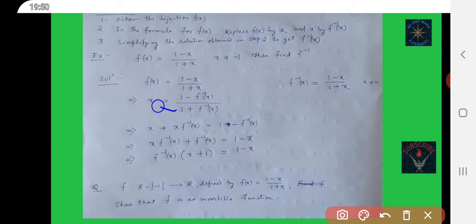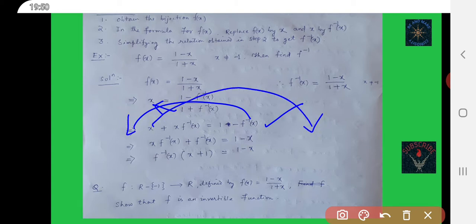You multiply this with x, then you get x plus x into f inverse x is equal to 1 minus f inverse x. Now you take this to left side and this x to right side. Then what you get? x into f inverse x plus f inverse of x is equal to 1 minus x.